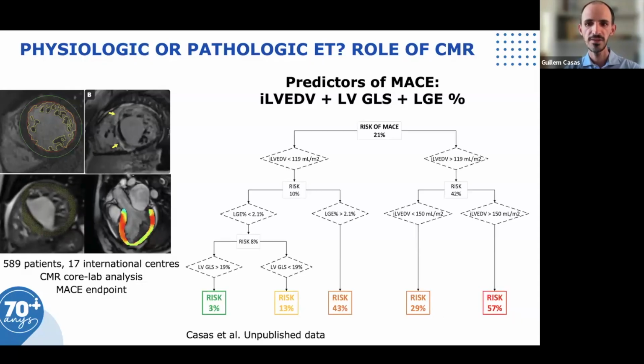Again, on your left-hand side, you can see that patients with a non-dilated LV, with non-extensive LGE, and with normal GLS had a very low risk of MACE of only 3%, again suggesting they probably correspond to these physiologic cases or cases with a low probability of associated cardiomyopathy, whereas those with functional CMR abnormalities had a much higher risk of events.